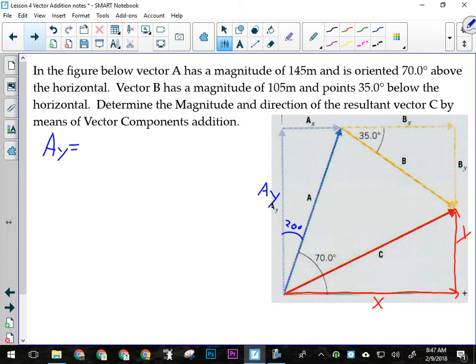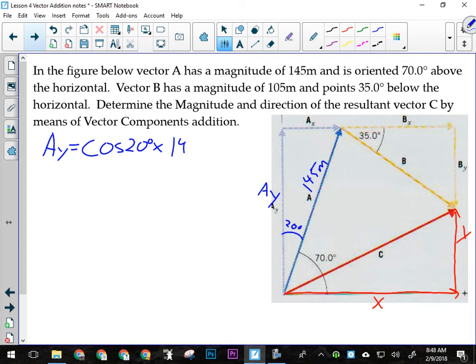Which side of the triangle is AY? It's adjacent, right? It's touching the 20-degree angle. So it's beside the 20-degree angle. Beside is adjacent. So it's the adjacent side, which means I'm going to calculate it using cos. The cos of 20 degrees times the hypotenuse, which we were told, I'll write on here, was 145 meters.